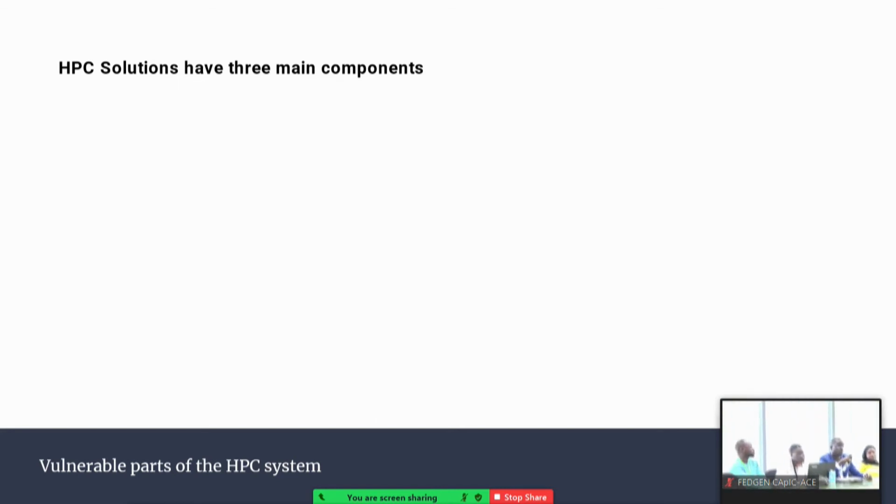Software. The CPU, thank you. Yes, compute. Let me go through one by one.